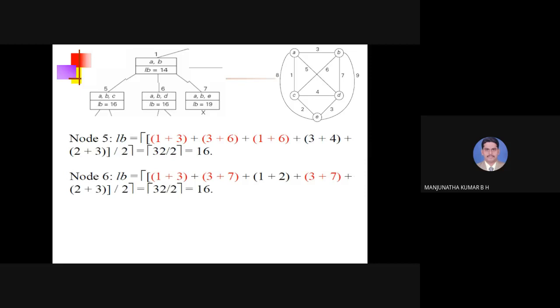That's why in the beginning only I told you to use a sheet of paper. Correct answer. You got the same equation: 1 plus 3, 3 plus 7, 1 plus 2, 3 plus 7, 2 plus 3. Yes, sir. You got the same answer. Okay. Anybody got any different answer? If you got any different answer, please inform me.